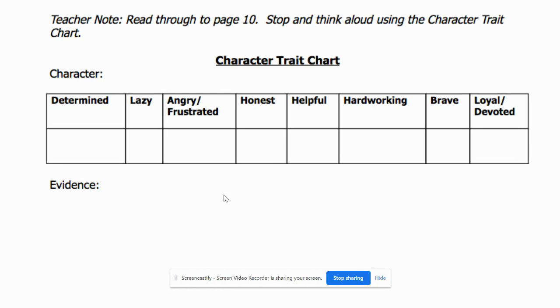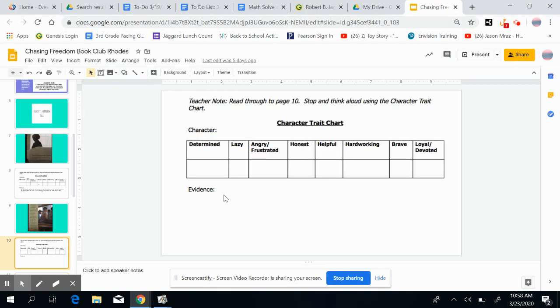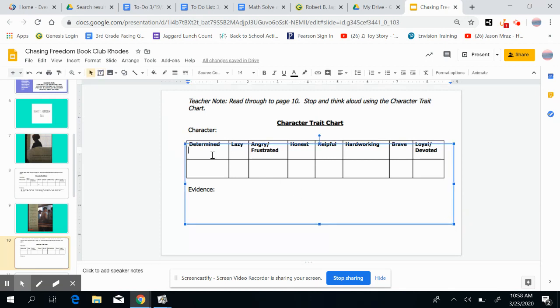Okay, so I'm gonna make it a little bit smaller so I can hopefully type in it. So I'm gonna type, kind of just do it like this. All right, so how would we describe Henry from that section only?